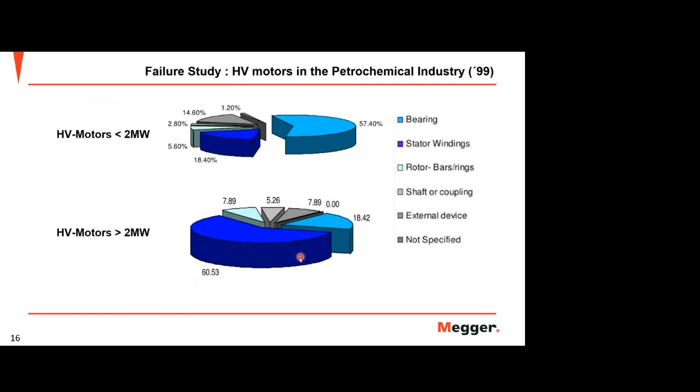This is the number one cause of failure, but for less than 2 megawatt, it is number two after bearing failure, because for motors below 2 megawatt, the bearing design is not really reliable compared to motors higher than 2 megawatt, because those are fitted with the roller bearing type.